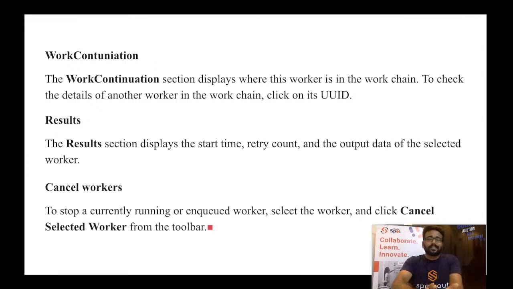Results. This section displays the starting time of the work, that is, when you enqueue the work to the WorkManager, we can see the start time of that worker, and we can see the retry count. As I mentioned earlier, if a worker of any work request fails, we can decide whether we need to retry this work or not.